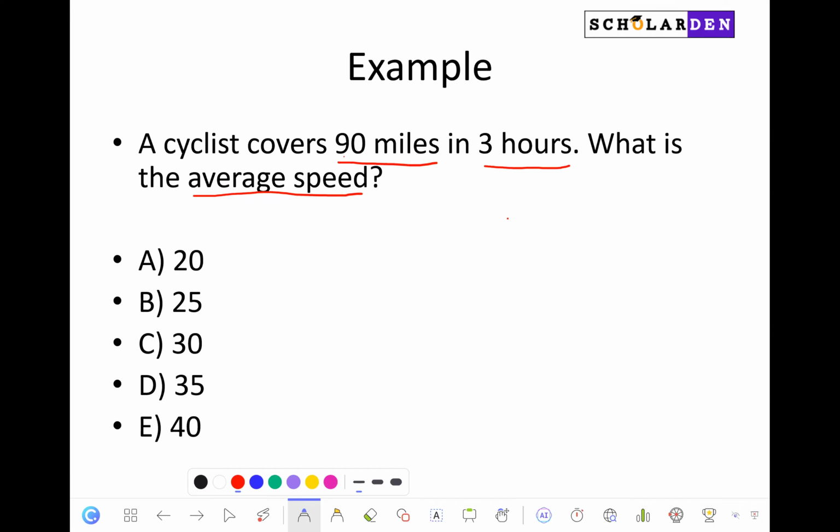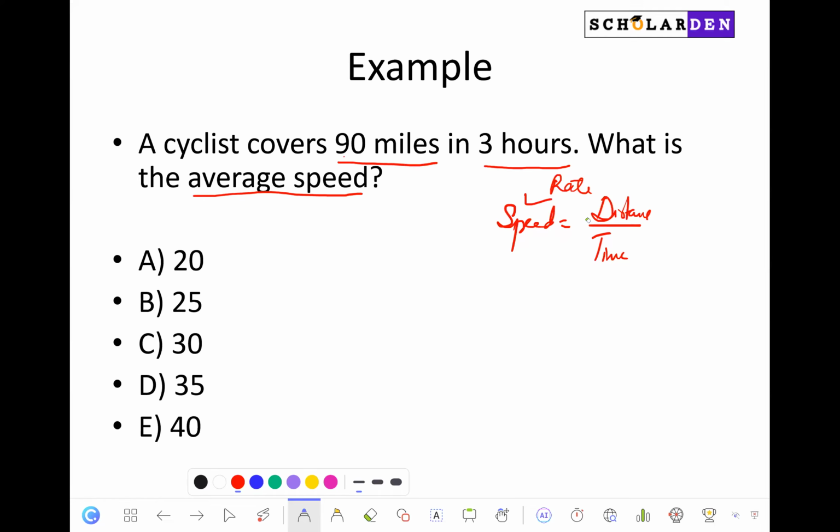Speed is the distance you travel over the time it takes for you to travel that distance. As per our original definition, a rate is any quantity divided by time. In this case, your quantity is the distance, and you're dividing that by the total time it takes to cover that distance, and that gives us the speed.